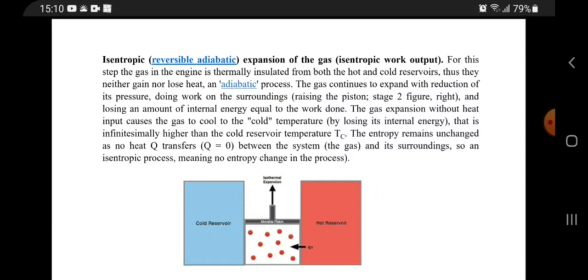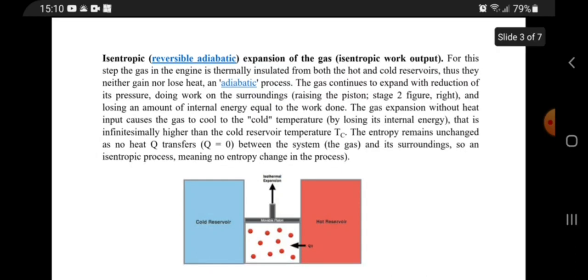Thus, they neither gain nor lose heat, an adiabatic process. The gas continues to expand with reduction of its pressure, doing work on the surroundings, raising the piston, the stage 2 figure.